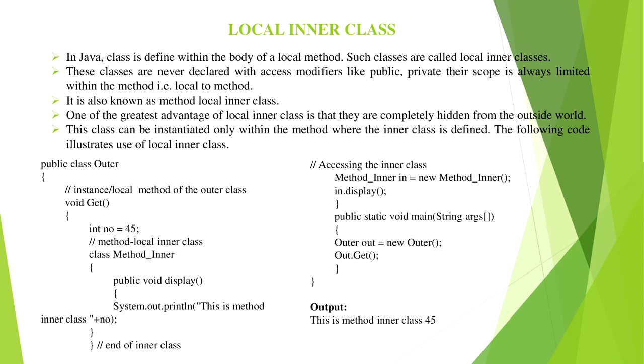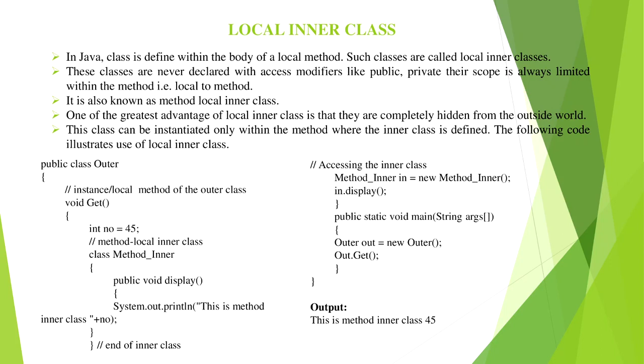These classes are never declared with access modifiers like public, private. Their scope is always limited within the method, that is, local to the method. Once you declare the class within the local method, their scope is always limited within the method.